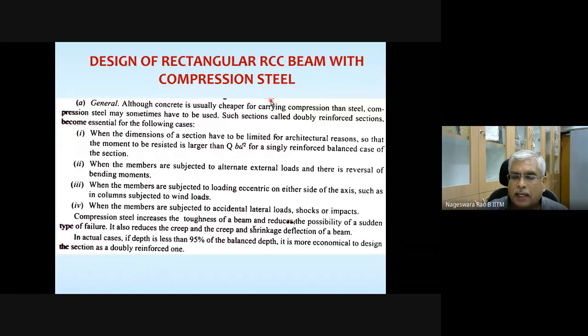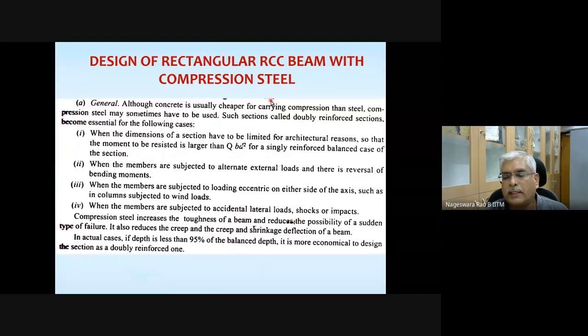The idea is, we see how much moment it is going to resist if it is designed as a balanced section, and then find the difference between the target moment and the moment this balanced section can take.